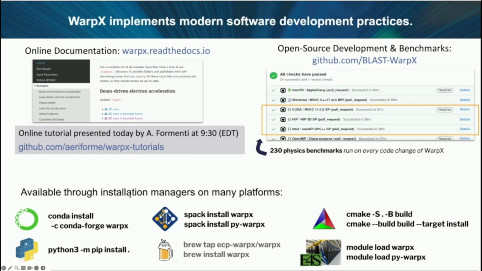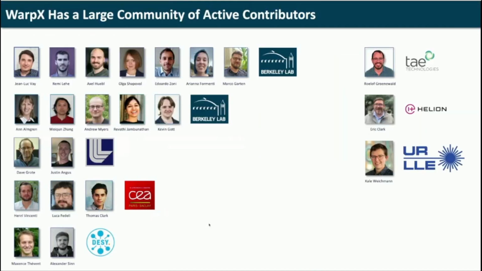It's installable through various managers, including Conda if you want to run it on your laptop, but also Spack for HPC platforms. It has a large developer community. A lot of the developers are at Berkeley Lab, either in the physics division, that's the first line here, or in the computational science division.